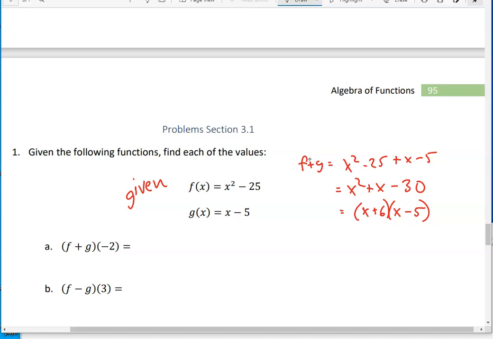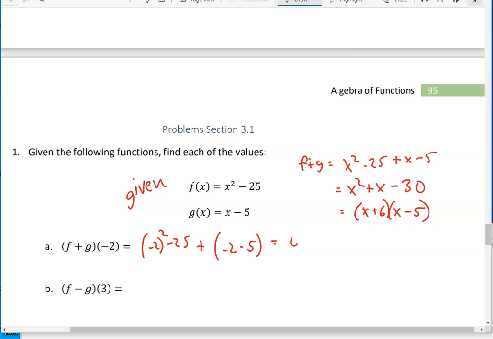Well, what do you get? X squared minus 25, let's just plug it in. Negative 2 squared minus 25, that's f of x, plus negative 2 minus 5, because we're looking for when x is negative 2. Well, what do I get?